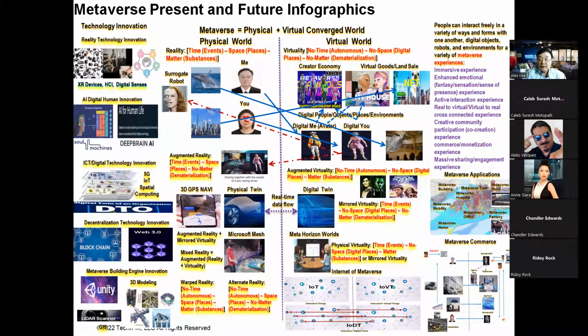For example, on the virtual side, the real world will join your virtual world in an augmented way. Here is one example where real space can be integrated into your virtual space, for example New York City portals, or virtual land sales on a virtual reality platform.